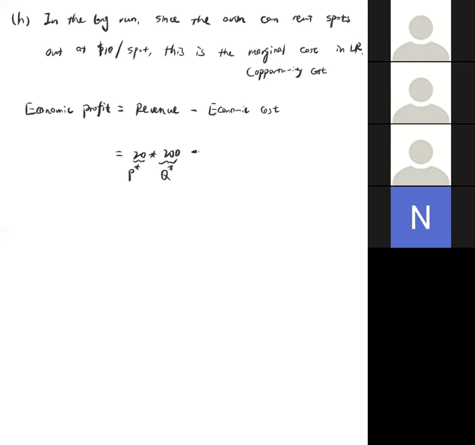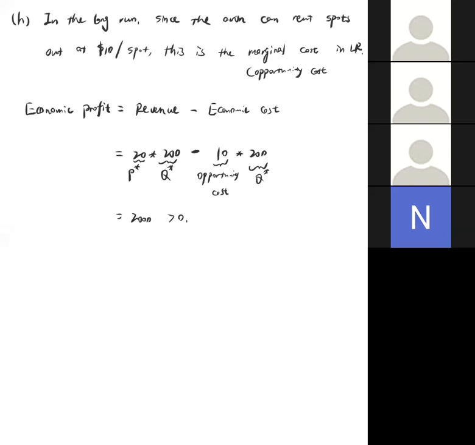And the economic cost, because the opportunity cost is $10 per unit, would be $10 per unit times the total Q star available. And this $10 is just the opportunity cost. So plugging in all these numbers, you can calculate the economic profit in the long run is $2,000. And obviously, this is a positive number. The long run economic profit is greater than 0.